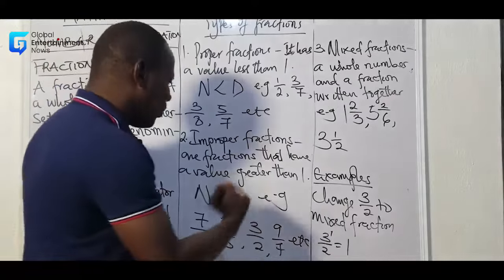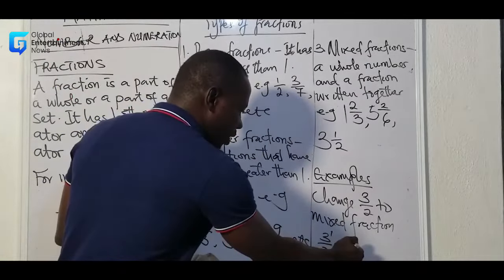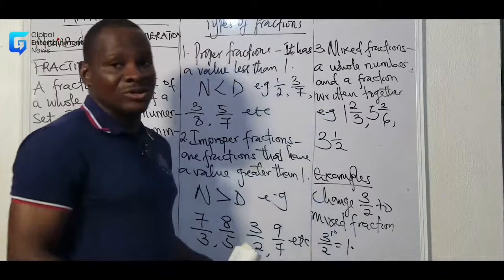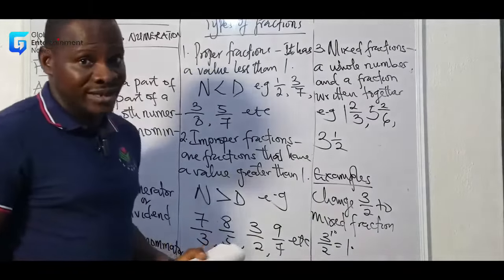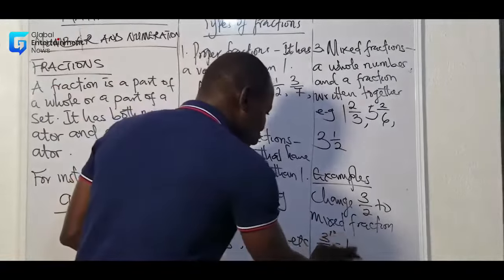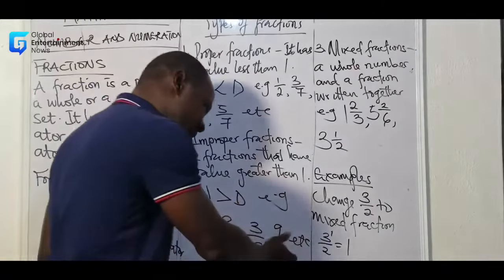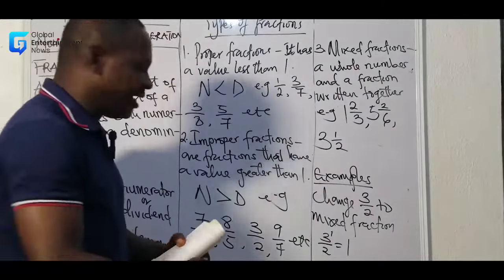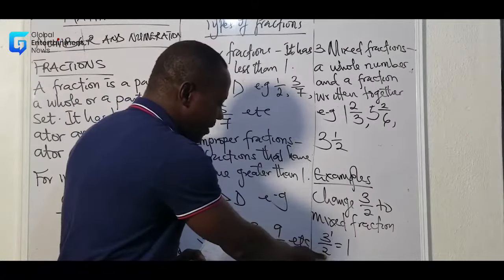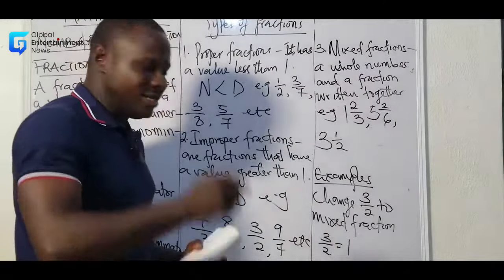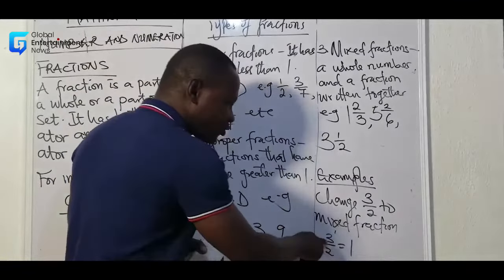Impossible. Yes, correct. So what do we need to write? We put a point and add 0. That is how you write it if you want decimal. But in this case, we don't need to do decimal. Someone said add point. No, we're not going to do it like that. So we say, how many 2 can we see in 3? We have 1. It remains 1 out of the 3.